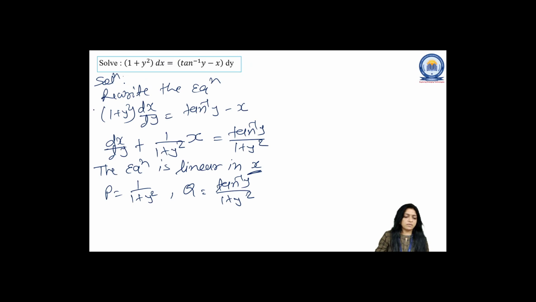First we have to find the integrating factor, and that is e raised to the integral of p dy. So here e raised to the integral of 1 upon 1 plus y square dy, and that is tan inverse y. So our integrating factor is e raised to tan inverse y, right?